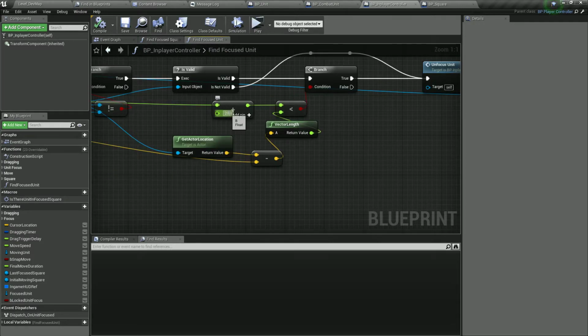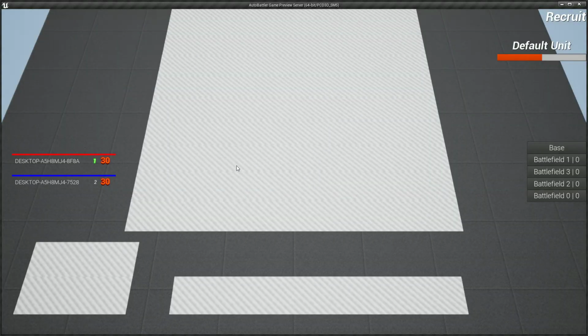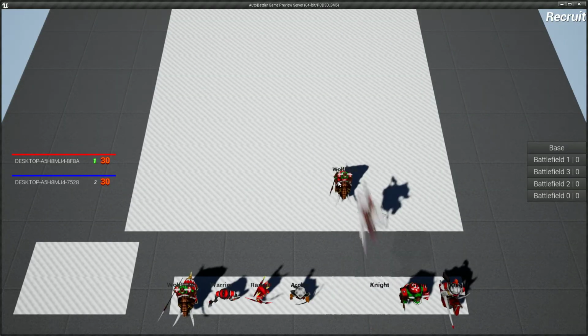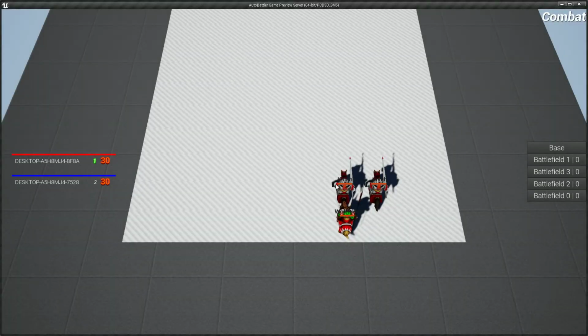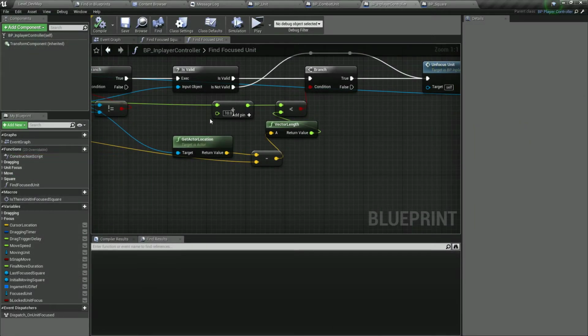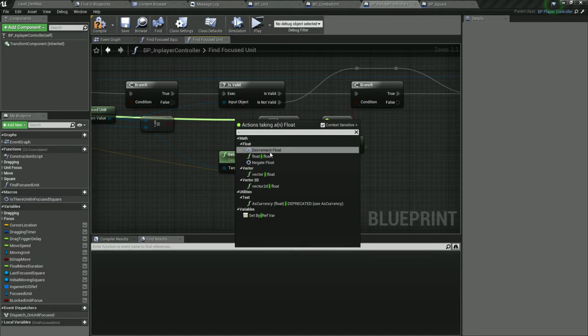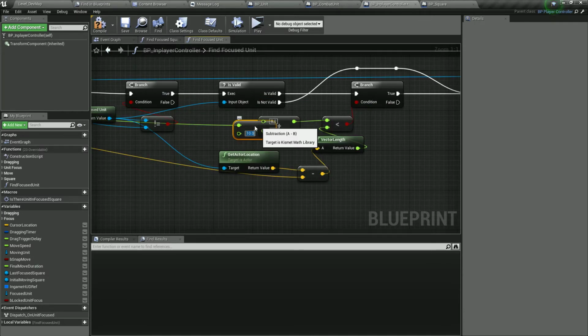Maybe 10 is enough. So the server is gonna have 3 knights. Yeah, I'm done. It just repels the problem. Or maybe because I just did it.